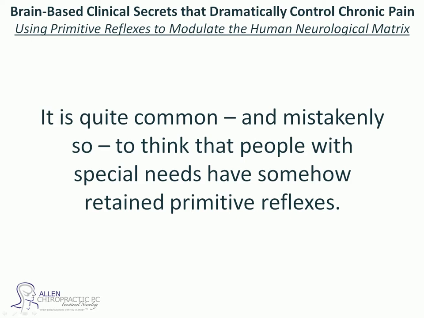Did I say that once you fix primitive reflexes that special needs issues go away? No, I didn't say that. I said that special needs issues are a breakdown of normal primitive reflex response, and when you reestablish the normal primitive reflex display, the brain can work at its optimal level, but for that patient.